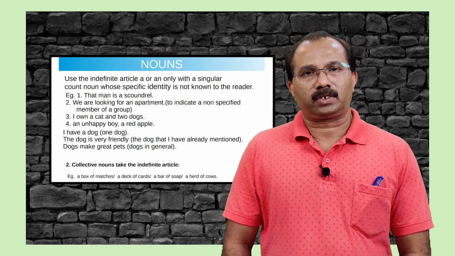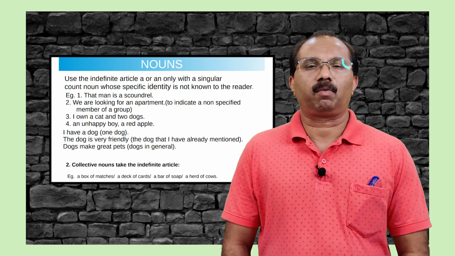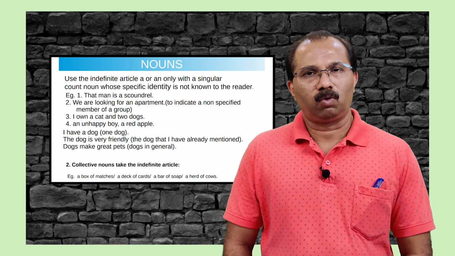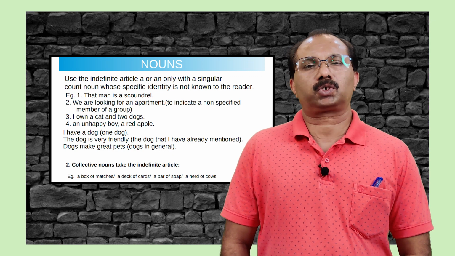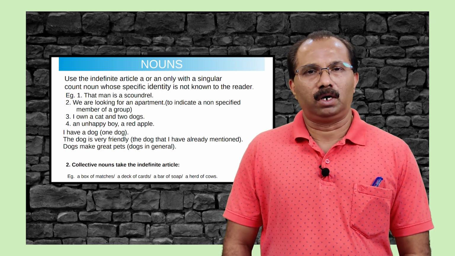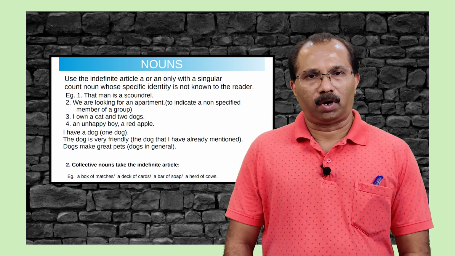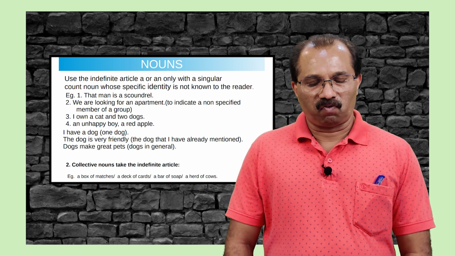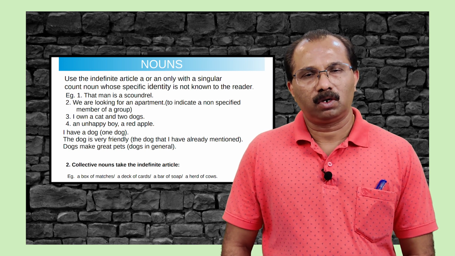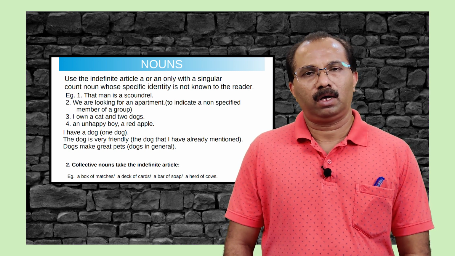Look at another example. I have a dog. A dog means only one dog. Instead of one dog, we use a dog. Then another one. The dog is very friendly. Why did I use the article the?